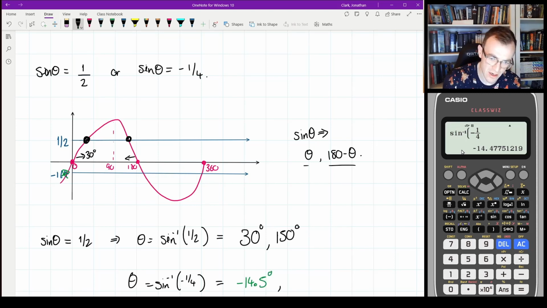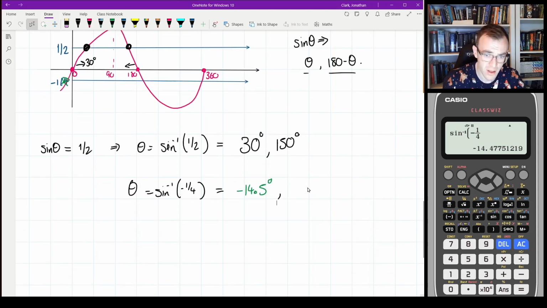I'm going to write that in a different color because it's not in the range. But I can still use these principles. I get the next answer by doing 180 minus that, and keep in mind it's minus, so it's the double negative situation.